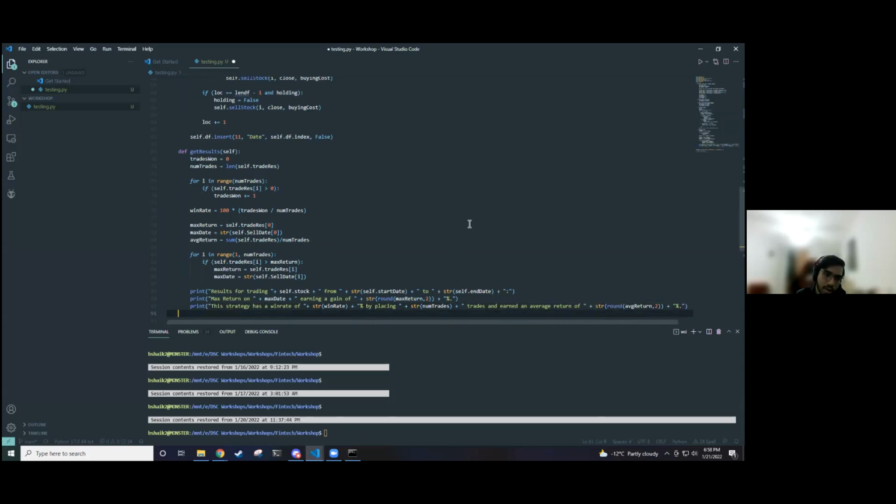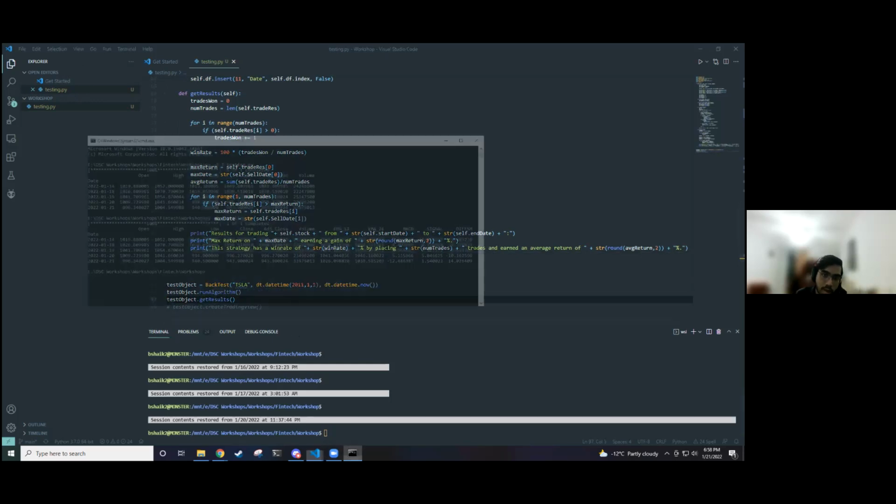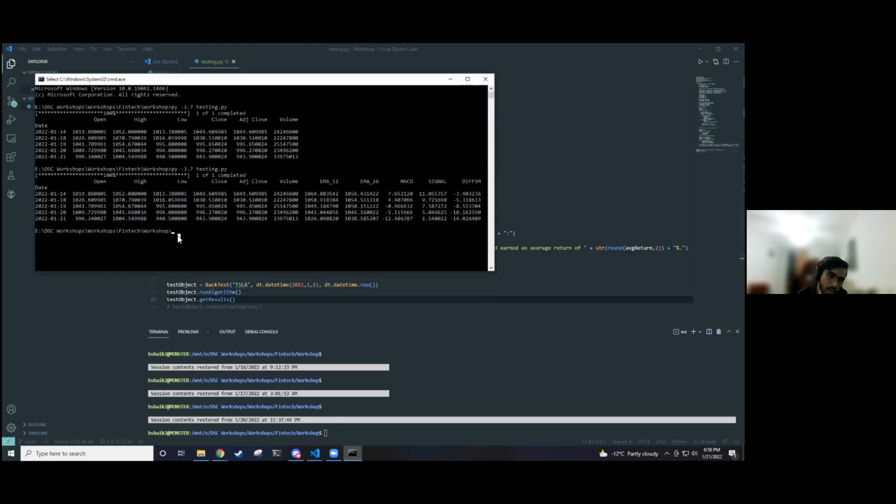So let's check if this is working. After this works, you don't have to plot the data, but we'll do it for our learning purposes. So we're gonna uncomment these lines and run the algorithm to see if everything's working as it's supposed to.